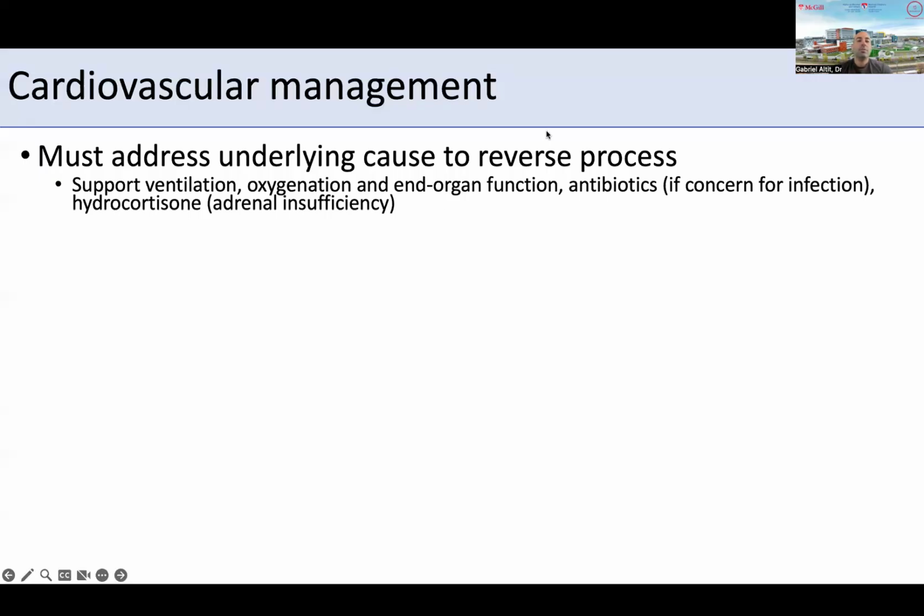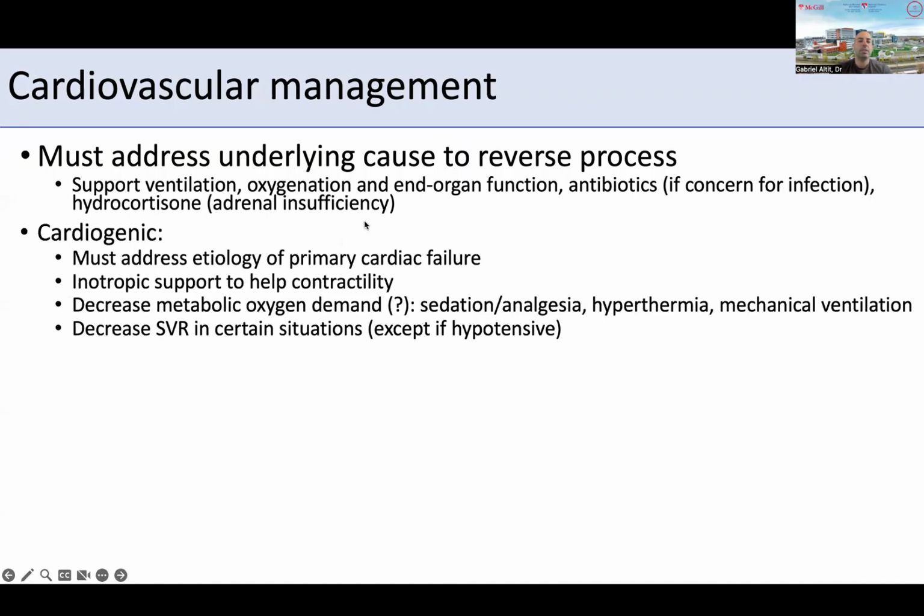So the cardiovascular management, when you have a situation of hypoperfusion and organ injury, is that you must address the underlying cause to reverse the process, for example, by supporting ventilation, oxygenation, and organ function, antibiotics if you think there's an infection, hydrocortisone if you think there's adrenal insufficiency. If you have a cardiogenic shock, obviously, we need to address the primary issue of the cardiac failure.